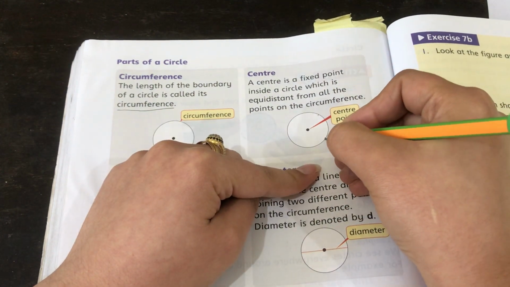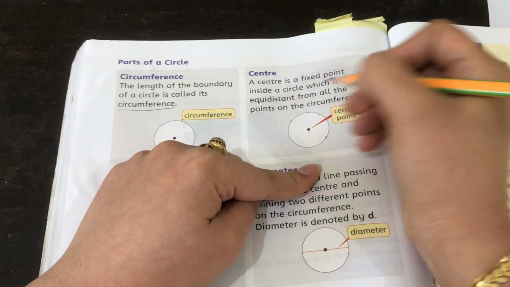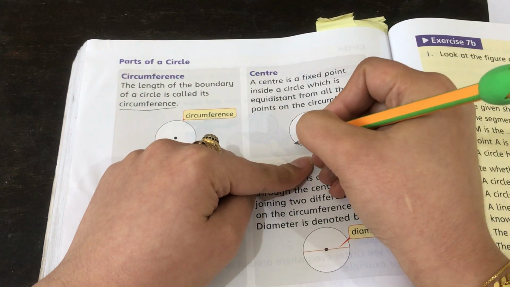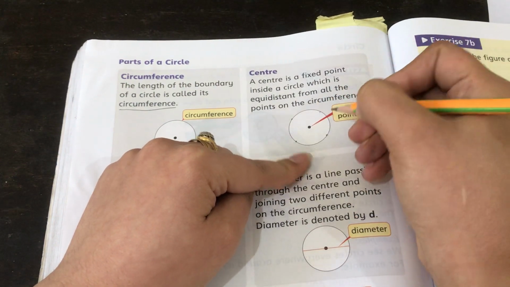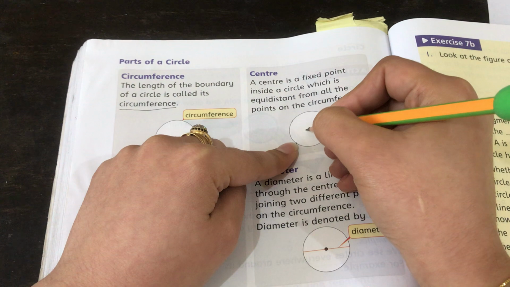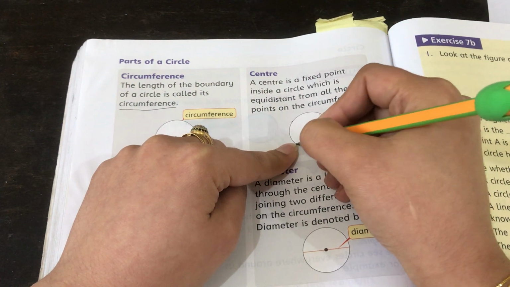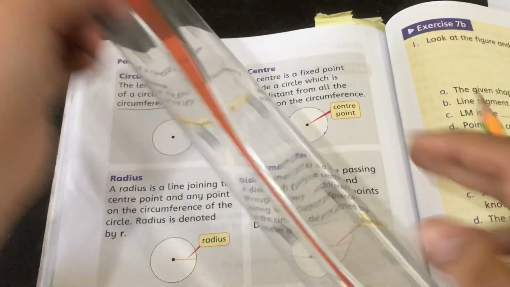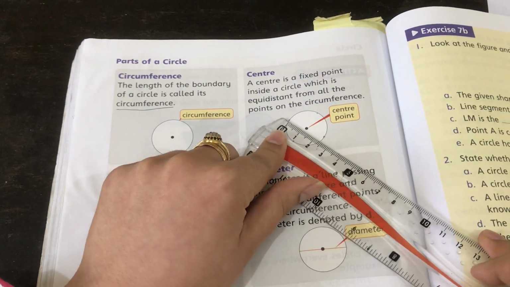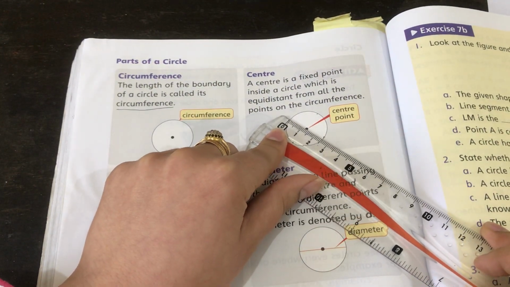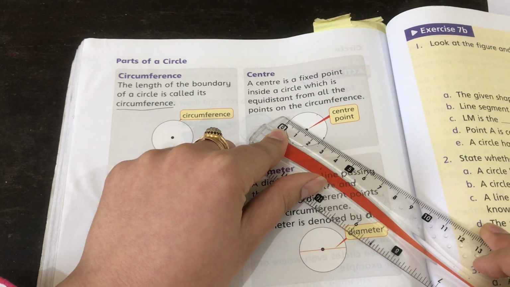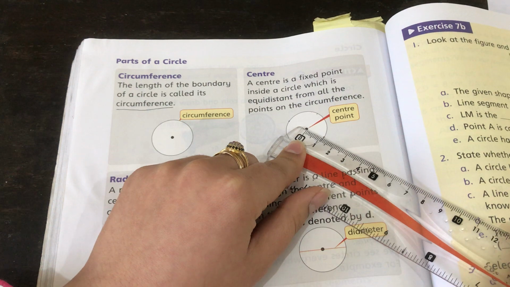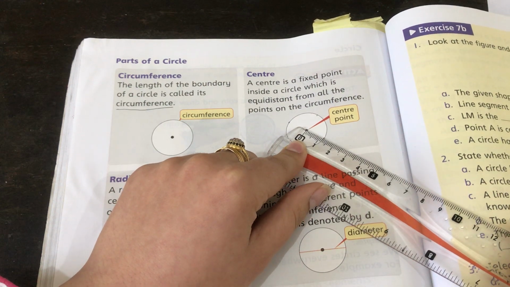You can take a point here, you can take a point here. Wherever you will take a point on the circumference, this point will be at equal distance from the center. Let's check. If I use my ruler, you can see I'm getting 1.2 centimeters. 1.2 centimeters, right?